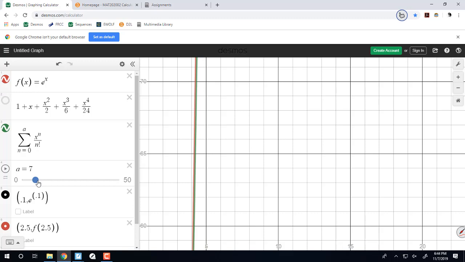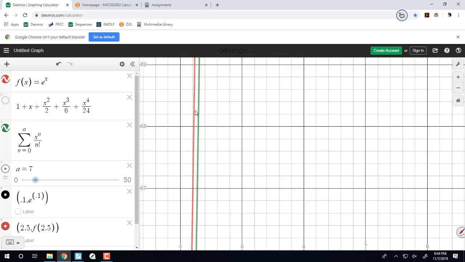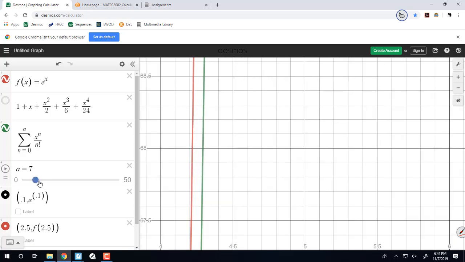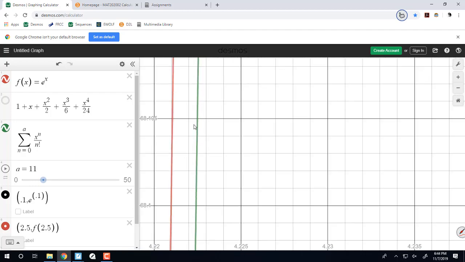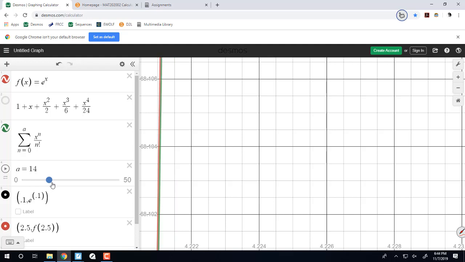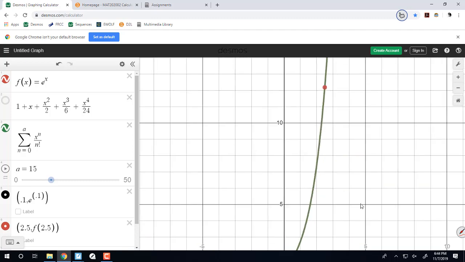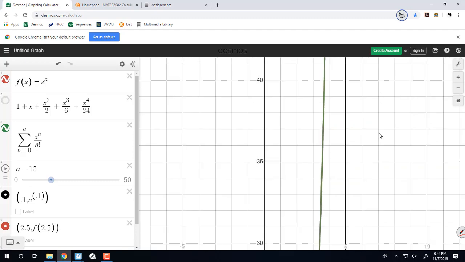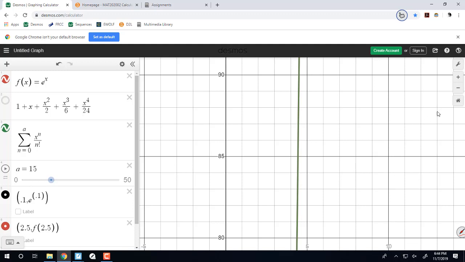So here's the 7th degree Taylor polynomial. You can already see that's much better. Here's the 11th degree, even better. So you see it actually converges pretty quickly. 15th degree, even better. So now it's pretty accurate all the way through, just using an 11th degree polynomial.